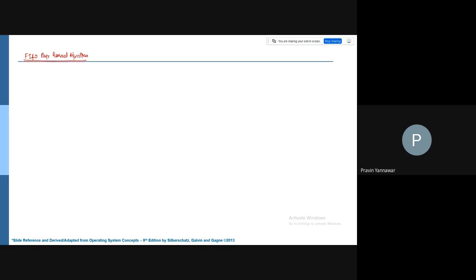For this, what you need is some simple parameters. First is whatever is given, called the page trace. Page trace is referred to as P.